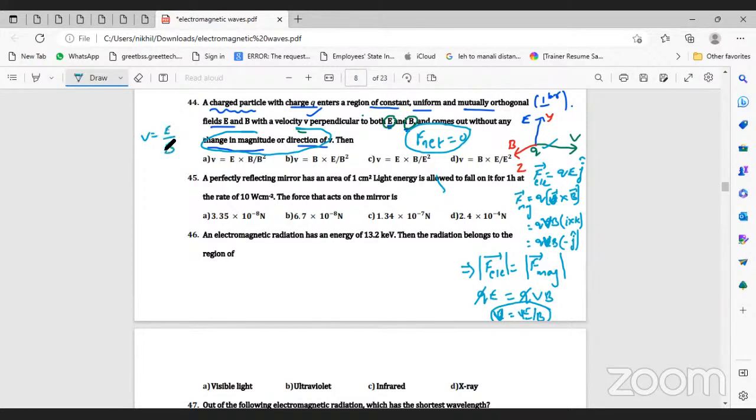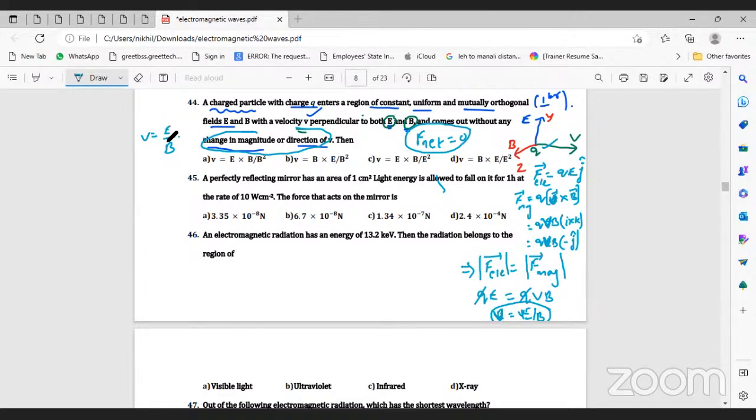So what is the condition, students? If any charged particle is coming out from the electric field and the magnetic field without any changes in the magnitude and the direction, the condition is that the electric field and the magnetic field must be perpendicular to each other.